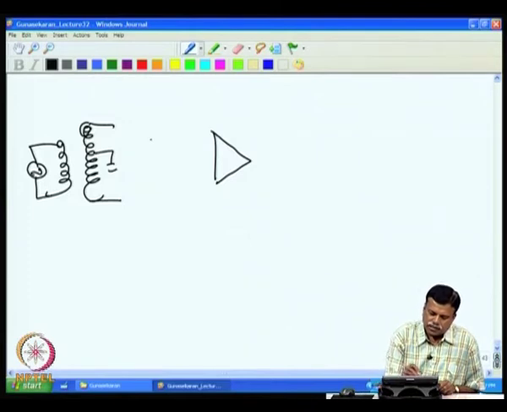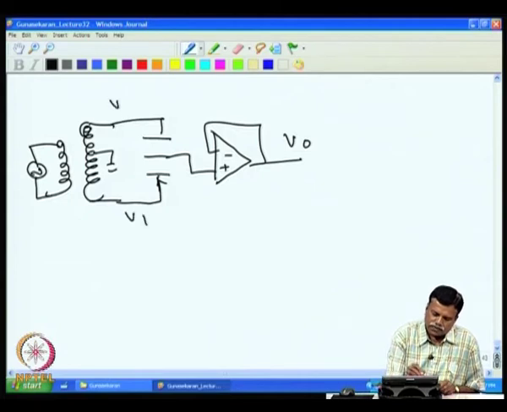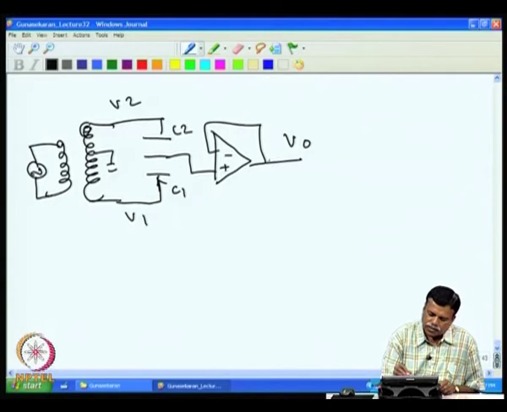For space variation I will put the 3 plates, then I connect one of them here, and that is the output voltage. If needed, gain also can be given. So, I can connect one of them here and another one here. So, we will have V1, V2, and then C2, C1 can be taken and the output is V0.